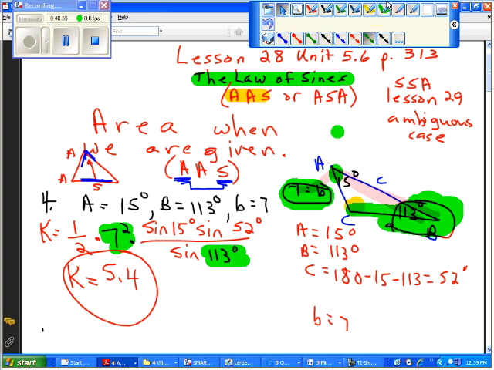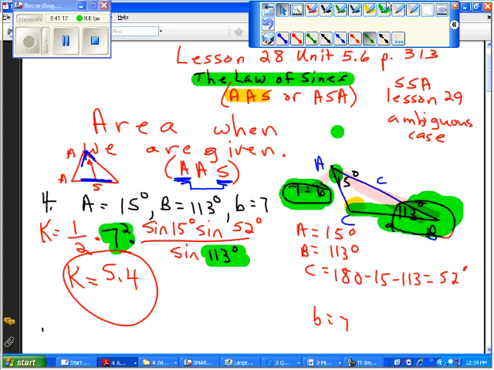So we learned how to find some missing parts of non-right triangles when what we were given was in the order angle, side, angle, or angle, angle, side. And then we learned how to find the area of non-right triangles when what we were given was in the order side, angle, side, or angle, angle, side.